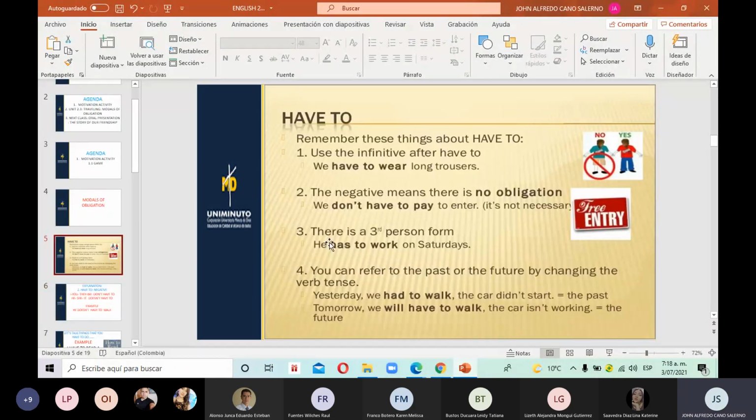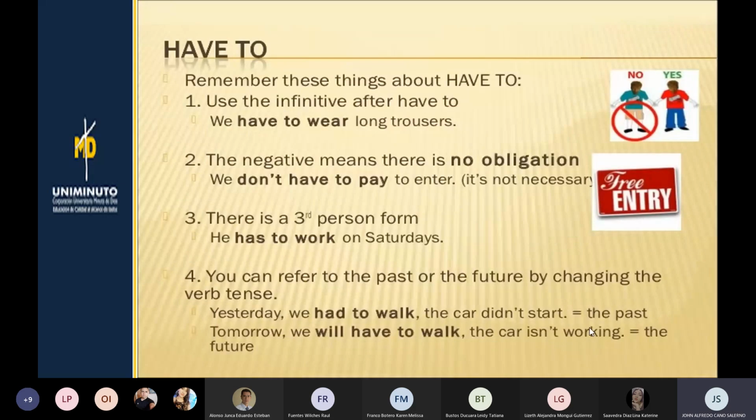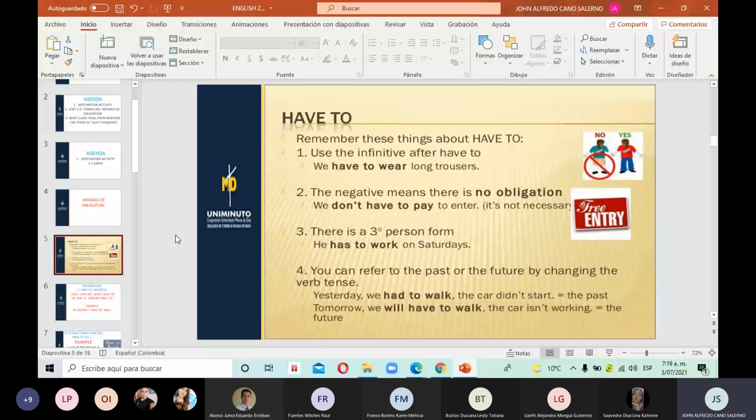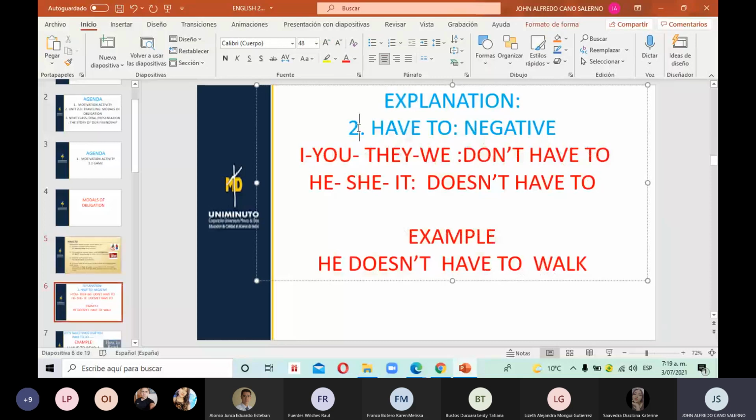Number three. There is a third person form. Okay? The expression has to. Okay? In affirmative. So here we have number three, have to and has to.